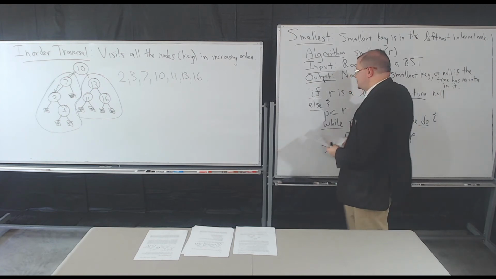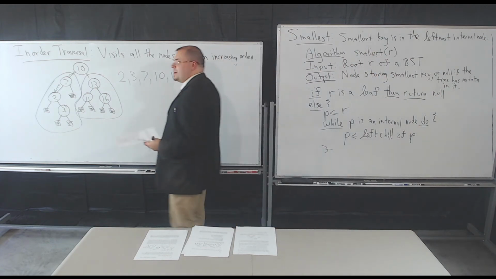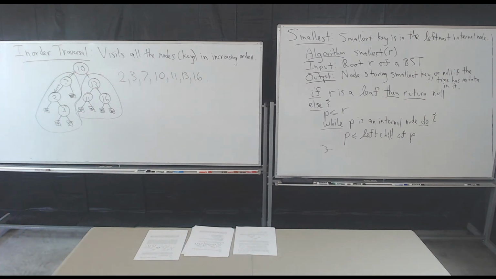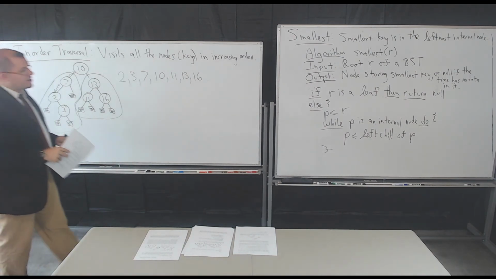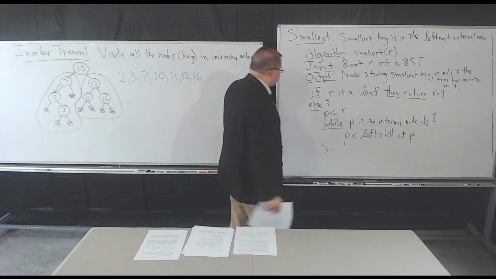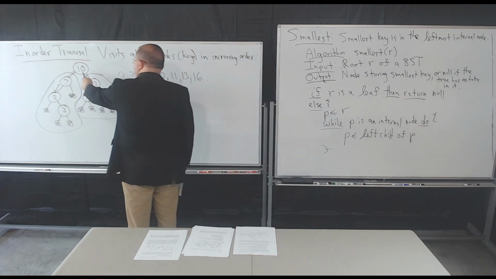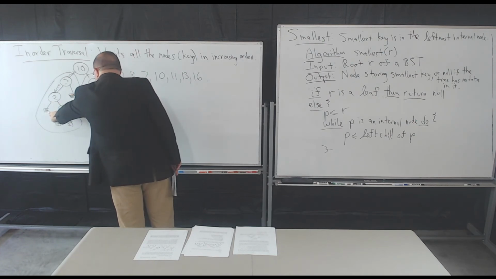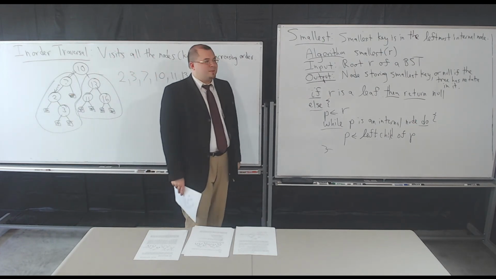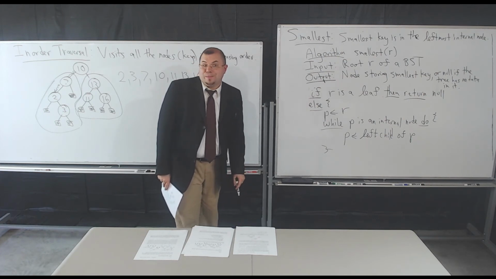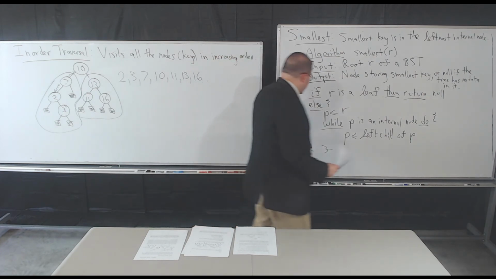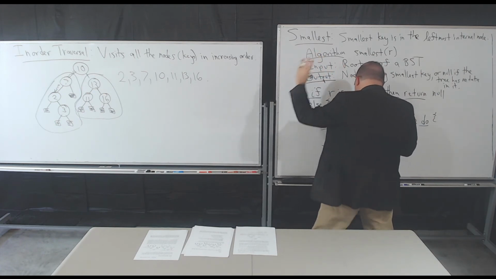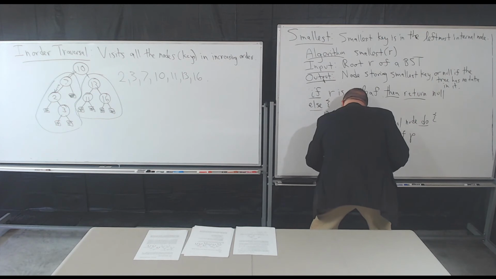However, there's something wrong with this, at least from my intuition here. Do I want to return p? If I execute this loop, if I start it at the root, what happens? I'll go left, left, left, and then I get here. Should I return p? No. I don't want to return p. What do I want to return? The parent of p, which I have access to.